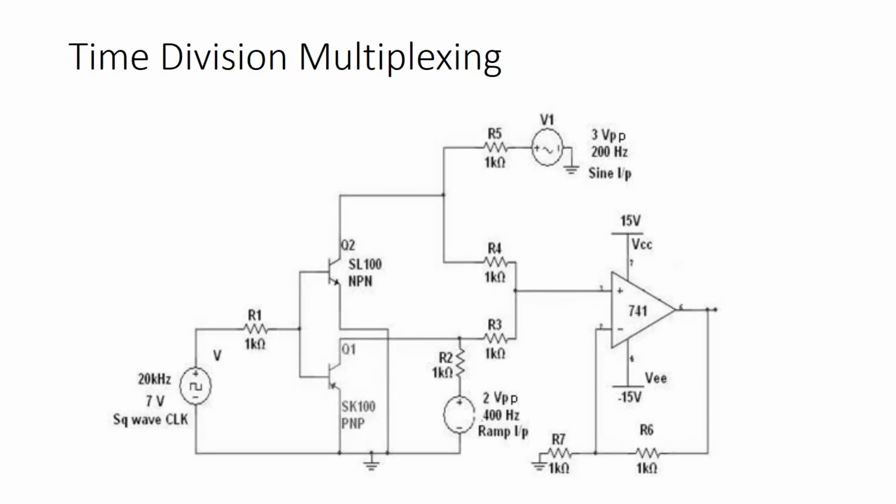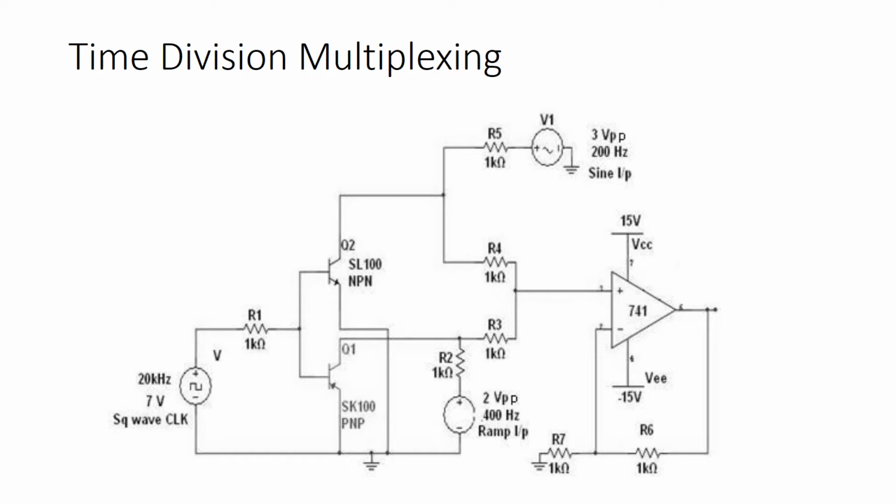This is the circuit used for time division multiplexing in the laboratory. Here, two signals, sine and ramp signals, are multiplexed. A 20 kHz 7 volt square wave clock is used for time division multiplexing. That is, it assigns different time slots so that sine and ramp signals are multiplexed.